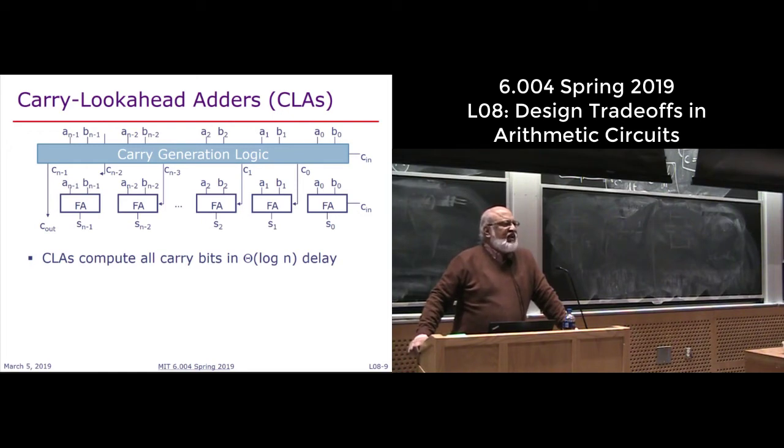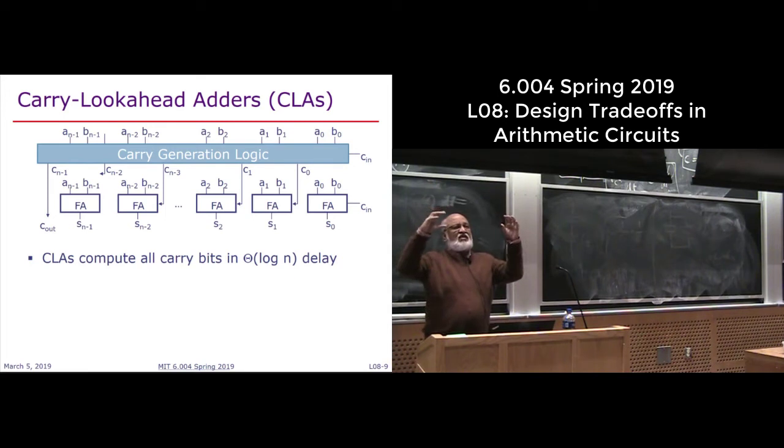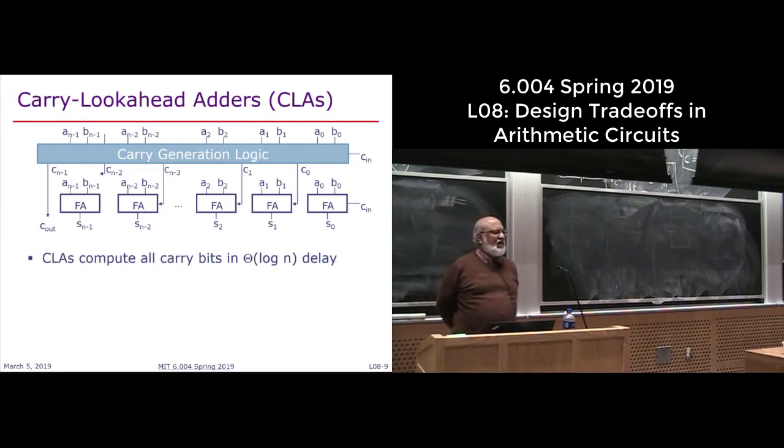So that's what Carry-Lookahead adders are all about: clever ways of generating these carry signals. We'll ignore the sum bit for now and just focus on the top half of this picture. Let's see how fast we can generate all these carries.